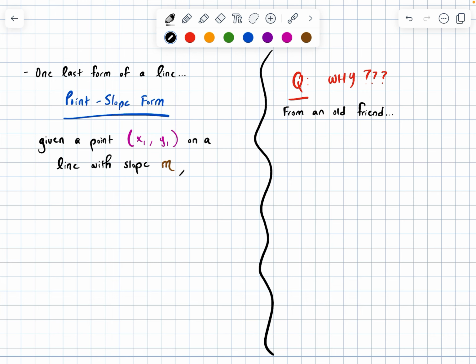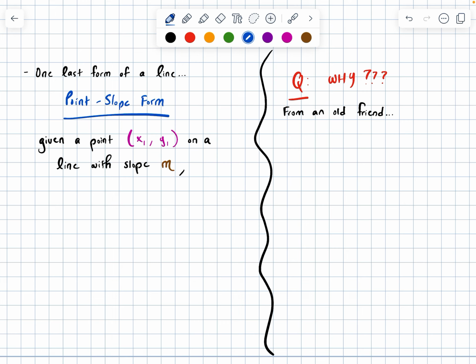Just like slope-intercept form gives us a slope and a y-intercept, point-slope form, as long as I've got a point, we'll call it (x1, y1), and a slope of m, all I need to do is slot those into place in my point-slope form, and I should be good.